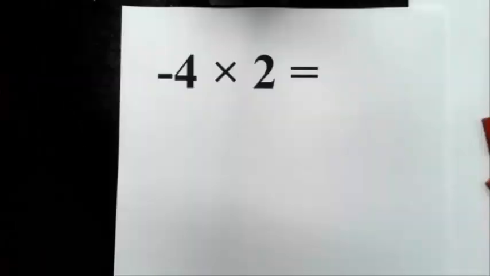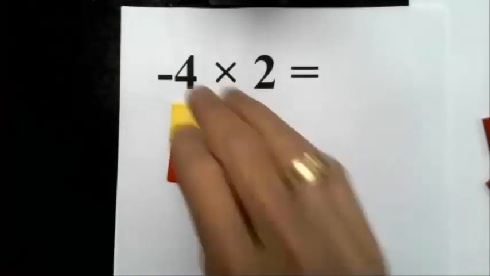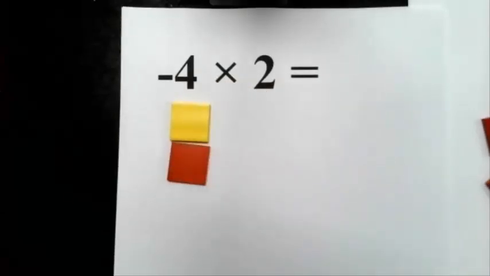For a problem like this, we will start with a blank sheet of paper, which represents 0. There's nothing there. I'm going to bring down 0 pairs. How many do I bring down? Well, 4 times 2 is 8, so that's a good place to start. Bring down 8 0 pairs.